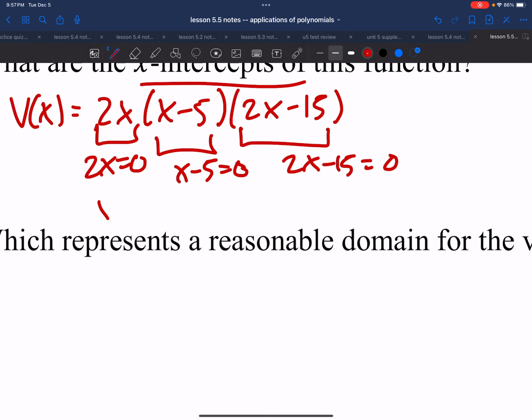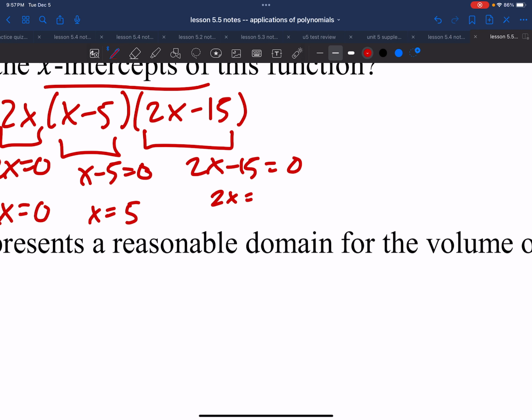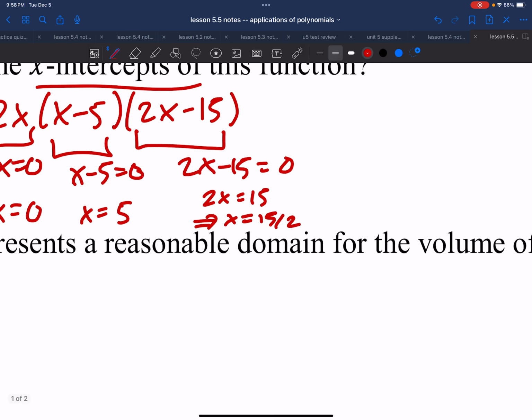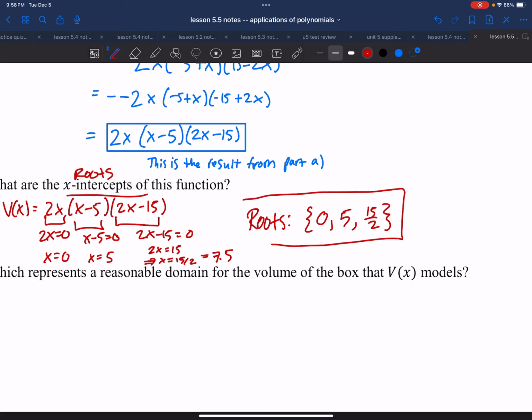So then x is 0, x is 5 by adding 5 to both sides, and then you add 15. So 2x is 15 means x is 15 halves. So your roots are those three numbers, right? It's 0, 5, and 15 halves. Or if you like, 7.5, like so. So those are your roots.